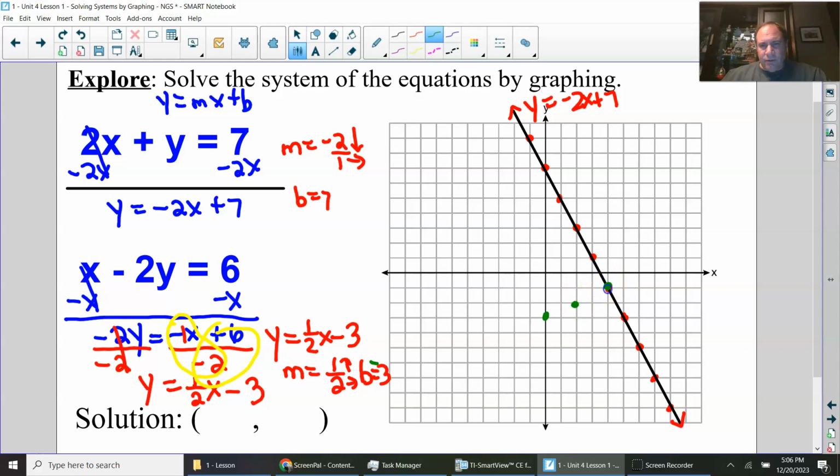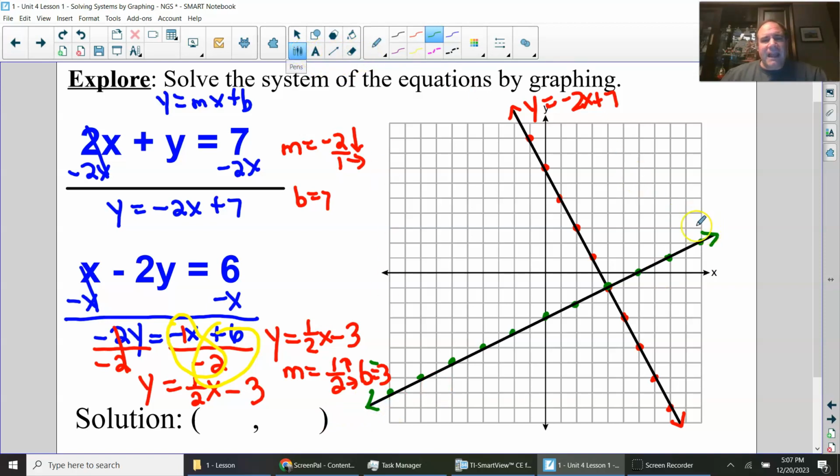Notice that this slope is not very steep. The reason why it's not steep is because it is a slope that is not far from 0. The further the slope is away from 0, the steeper the line. If you have a slope of, say, 6, you know that's a really steep line.